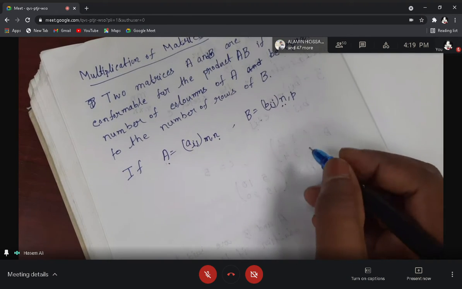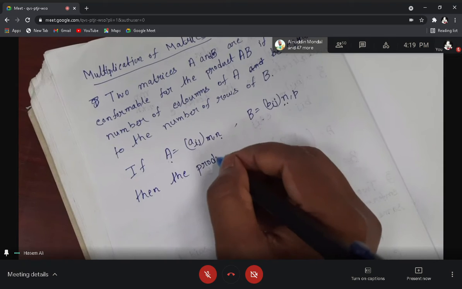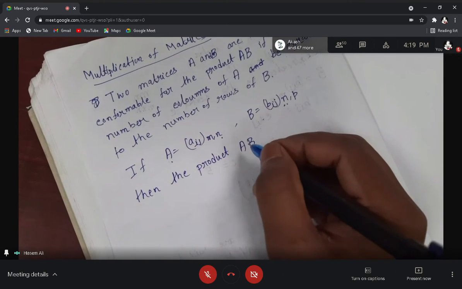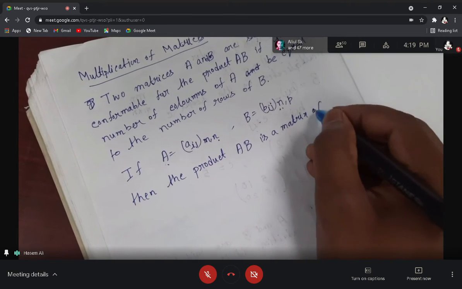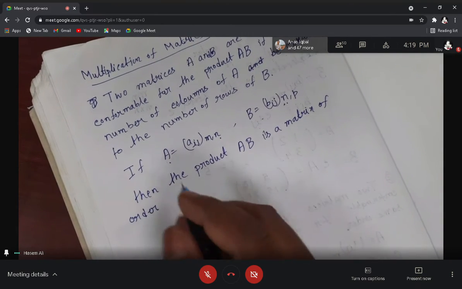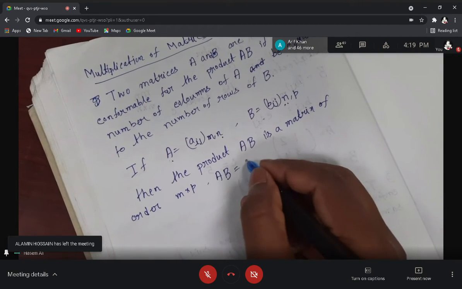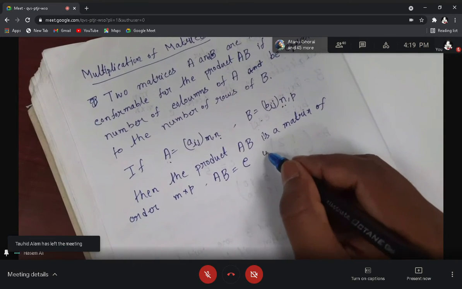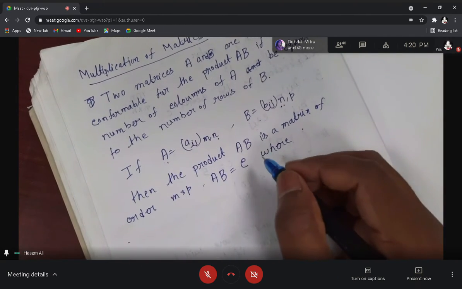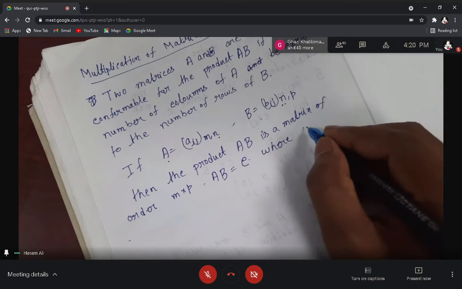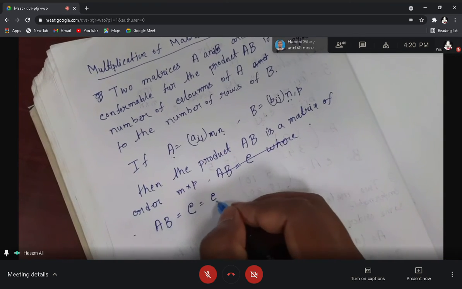Then the product AB matrix is a matrix of order m by p, and also AB equals to C, where C equals to Cij.